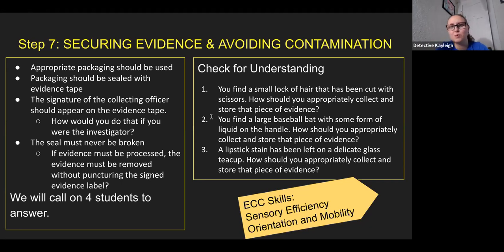And simply because we mentioned hazmat suits earlier in the lesson, sometimes evidence may be dangerous or radioactive or contain people's biological fluids. Those types of evidence we want to make sure are safely contained within another container, such as a waterproof bag.